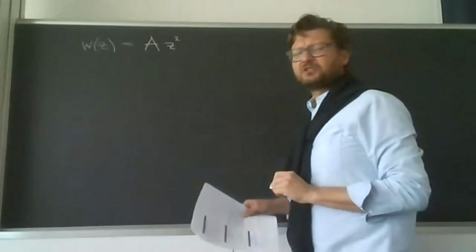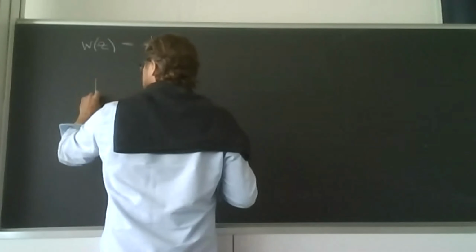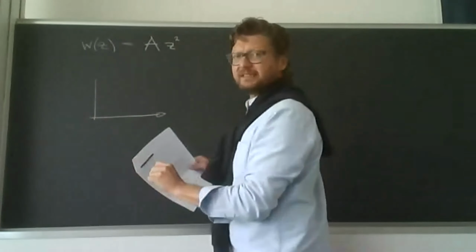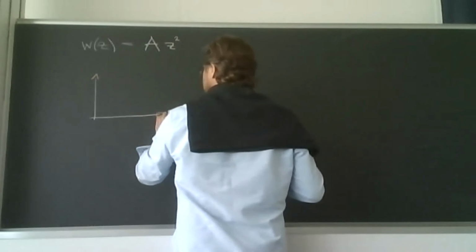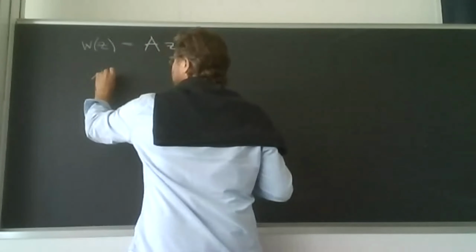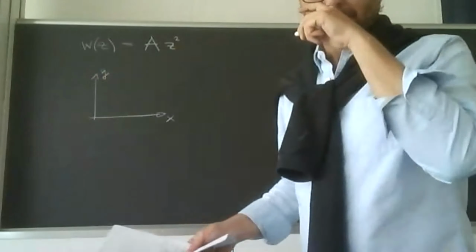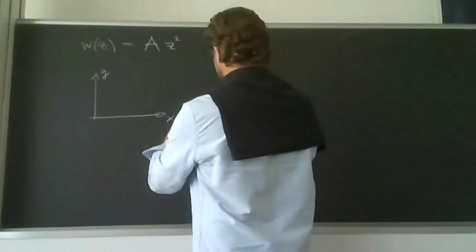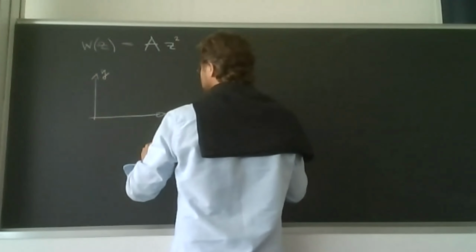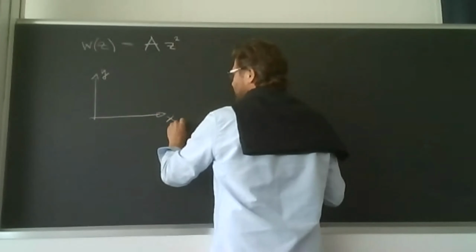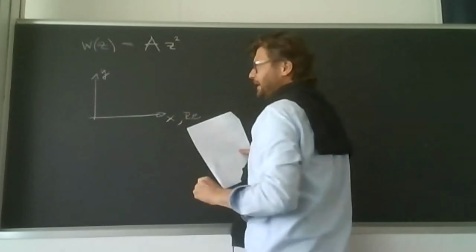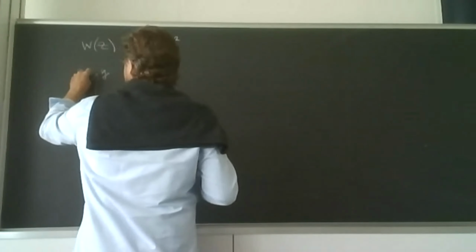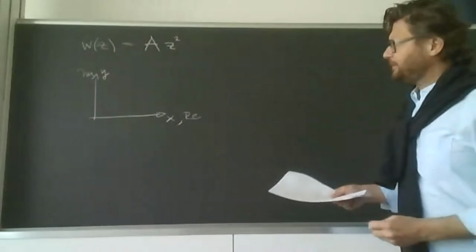Okay, so now I need to tell you what the Z is. Think of our coordinate system X, Y. This is our classical two-dimensional coordinate system. Now we just assume that X is the real number, and Y is the imaginary number.